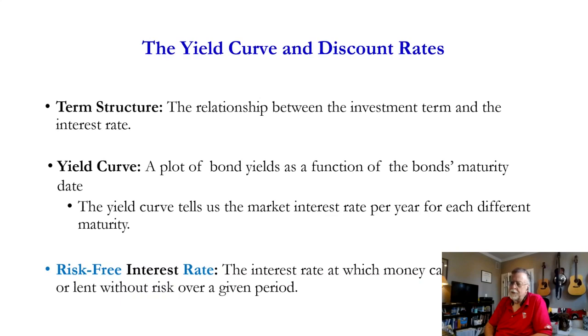Because they've never defaulted, that's considered to be the risk-free rate. So, for example, maybe 1, 2, 3% is considered risk-free, where you could always invest money there and have no risk of losing your money. You compare that with other investments where you definitely have interest rate risk.